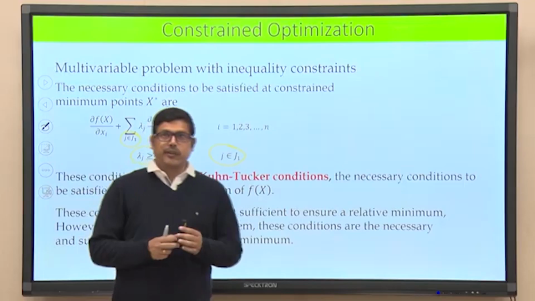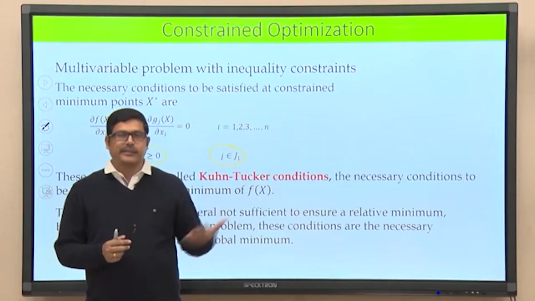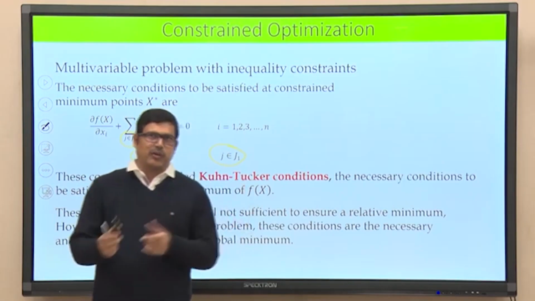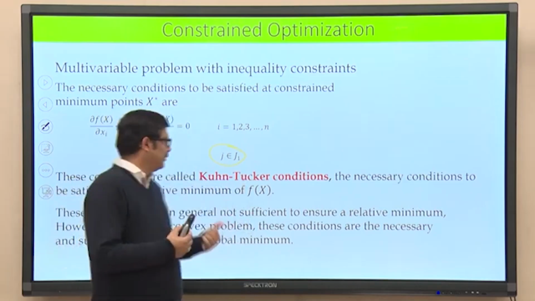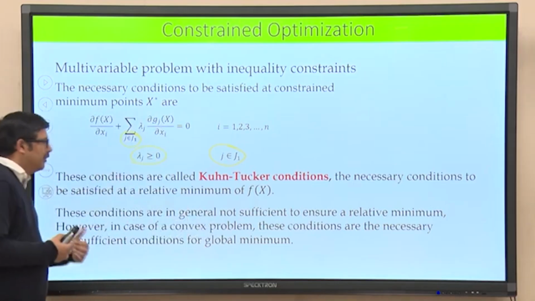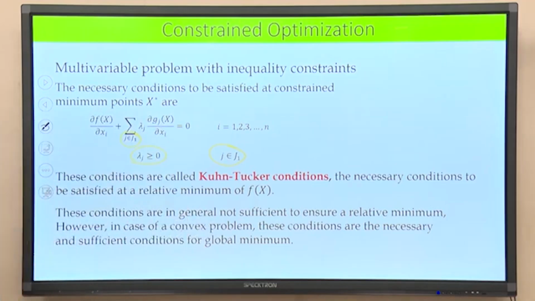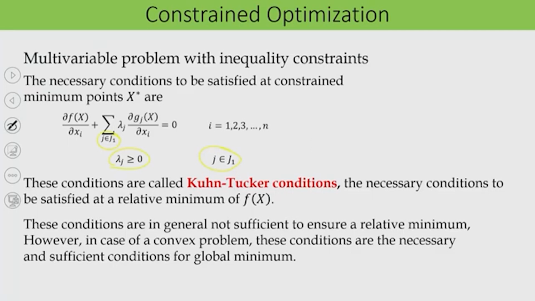So if the Kuhn-Tucker conditions are satisfied for a convex problem, whatever solution you get will be a global minimum.